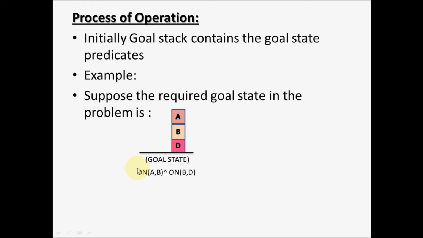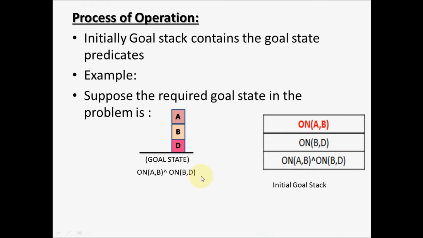So initially what we do is all the predicates from the goal state are added to the stack. How do we add that? First, the entire axiom is added to the goal stack. Then each of these predicates individually are again added onto the stack.